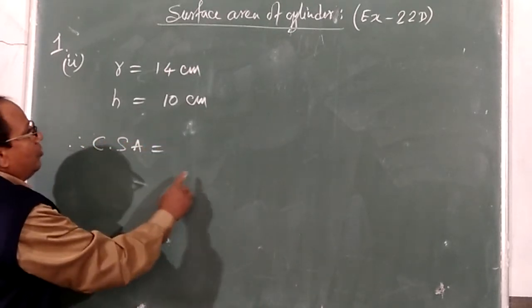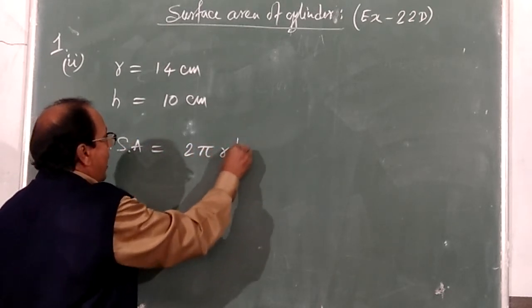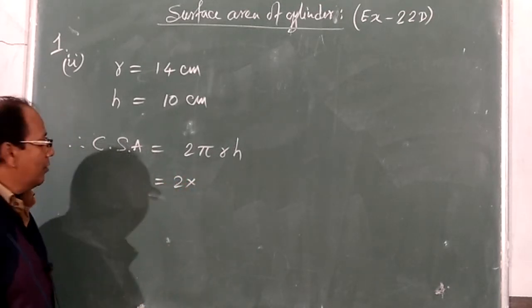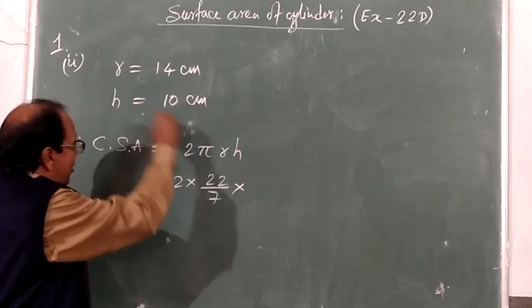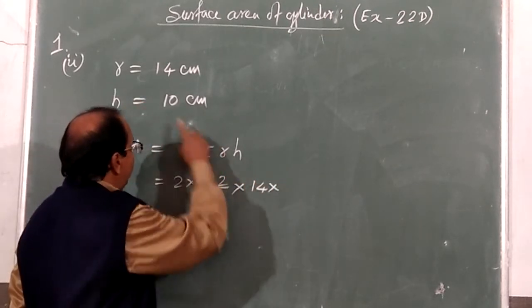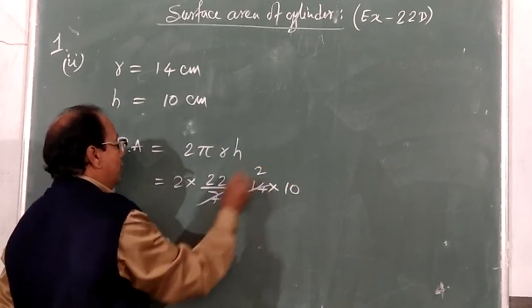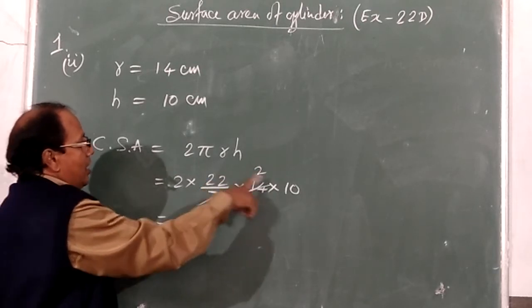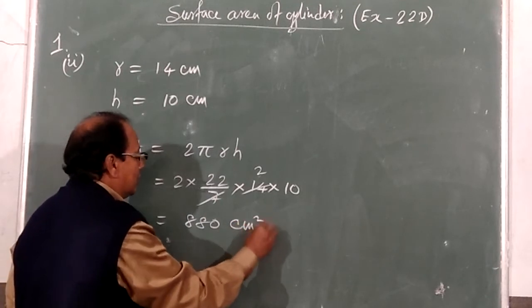Now CSA equals, as we have already got, 2 pi r h is equal to 2 into, since the pi value is not given, we have to use 22 upon 7 into r, 14, into h, 10. So 7 to the 14, 2. Now multiply 2 into 4, 22, 88. So 880 centimeter square.